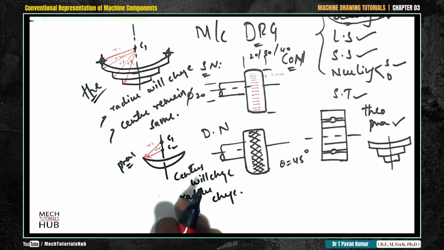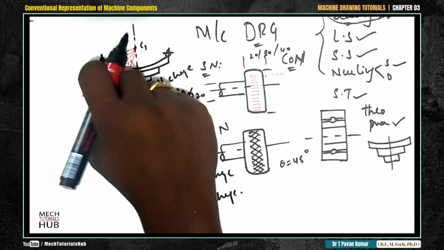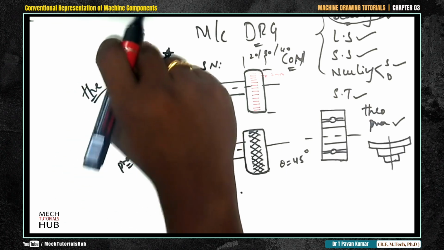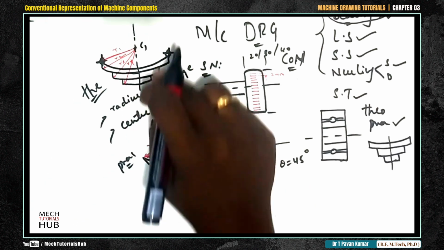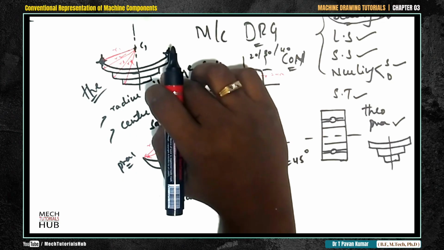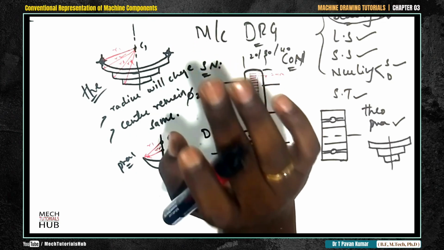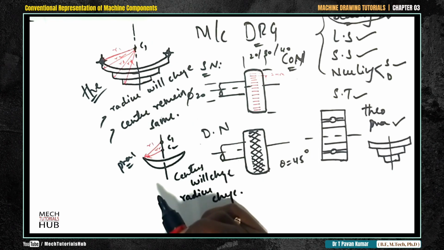In case of conventional representation, the center changes, so the radius will also change for a leaf spring. Whereas in theoretical representation, the center will remain the same and the radius will keep on changing. You can take as many steps as you want, but preferably go up to 3 or 4 levels.